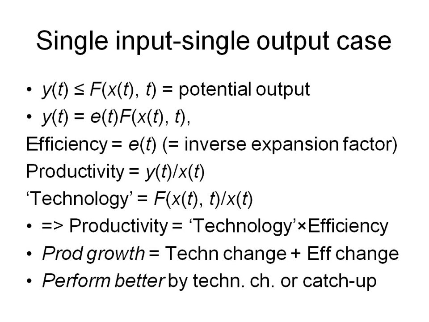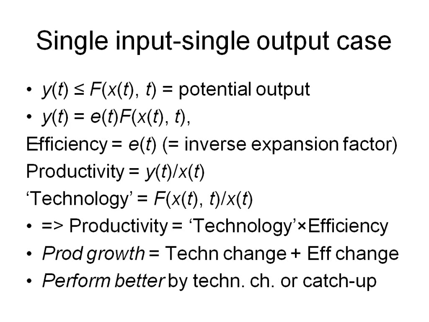So what we get from the last equation is that your productivity, so actual output divided by actual input, is technology, which is potential output divided by input, and then you have to multiply through by that expansion factor, because that expansion factor was output divided by potential output.